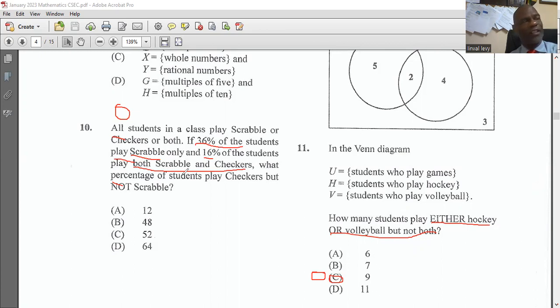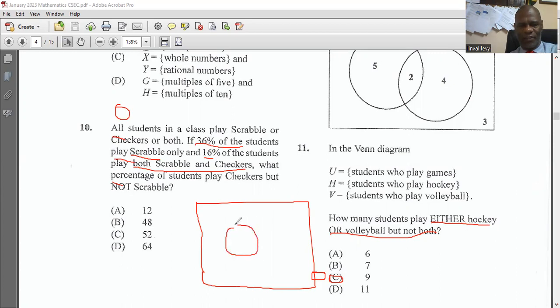Okay, so let's go back. All the students in a class play Scrabble or checkers or both. So 36% of the students play Scrabble only. Let me draw a nice graphic Venn diagram, drawn to scale. And let's call this Scrabble, and let's call that checkers.